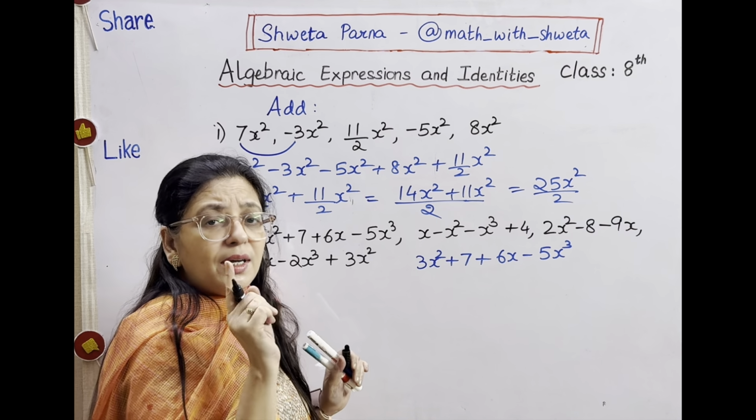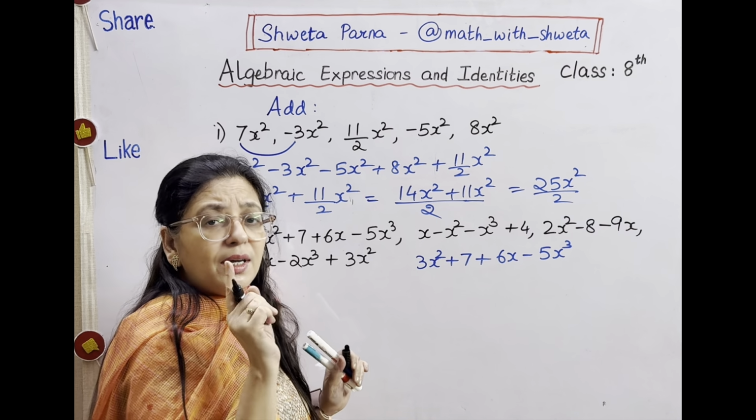Okay, let's solve it. 3 minus 1, 2. 2 plus 2, 4. 4 plus 3, 7. So it is 7x square. Plus sign. 7 plus 4, 11. 11 minus 8, 3. Plus 6 plus 1, 7. 7 minus 9, minus 2.